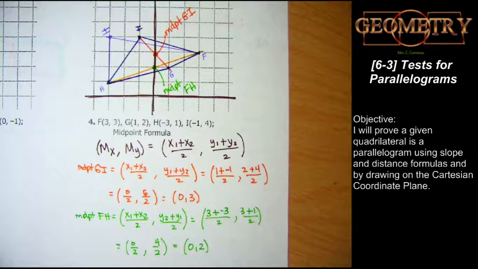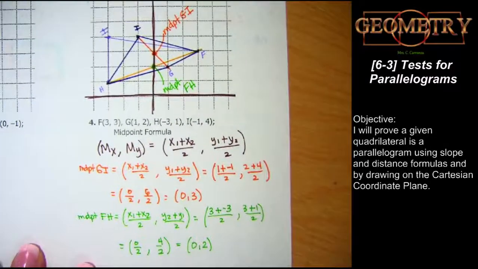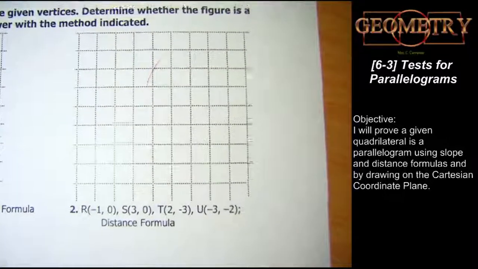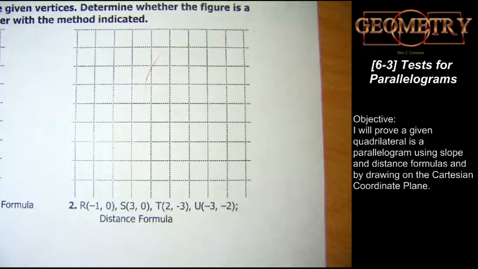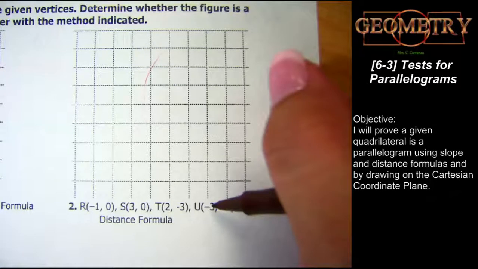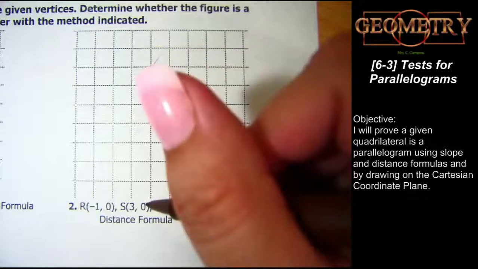All right, let's run distance again. Okay, we're going to look at number 2. Same process. I'm going to go ahead and plot the corners. Well, I need to find the 0. I see my smallest number is a -3, and my biggest is a +3.